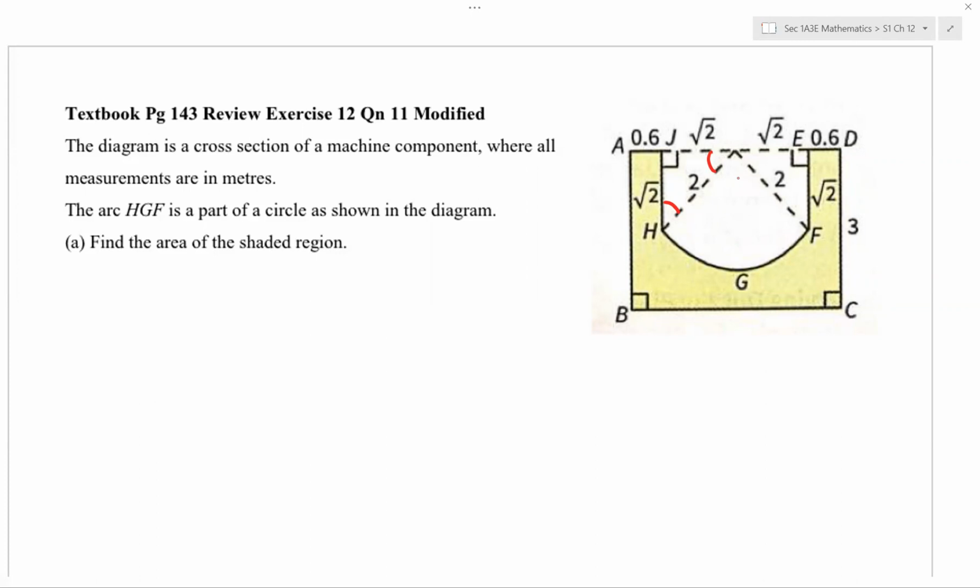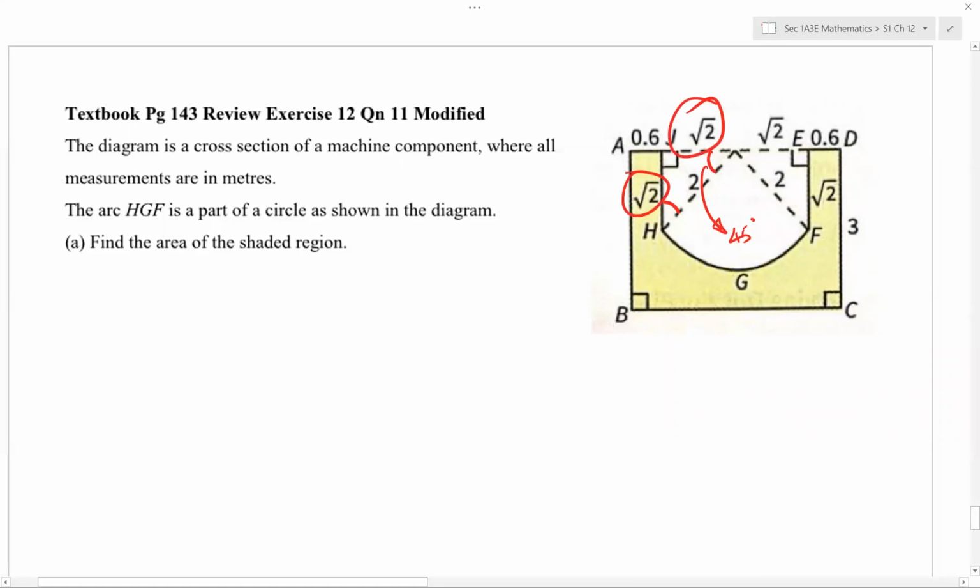Okay, so what? Wait, how do you know that one of these angles is 45? That's the key, right? How do you know it's 45? Above the square root 2, notice the two sides have the same length, right?